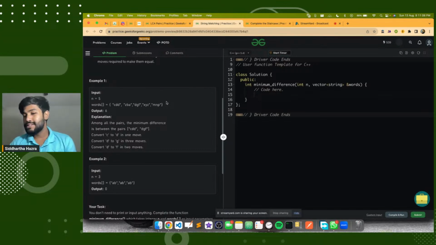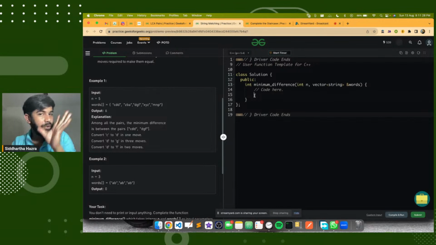So if you see this, then you would be thinking what I can do to solve this problem. The very first thing that pops into my mind is that I would try to see the difference between all possible pairs.